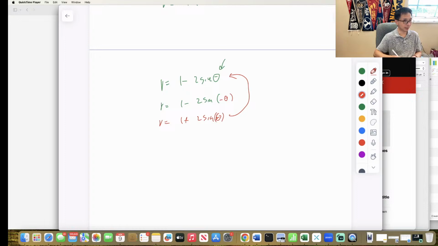Now I'm going to replace r with a negative r, equal to 1 minus 2 sine of negative theta.